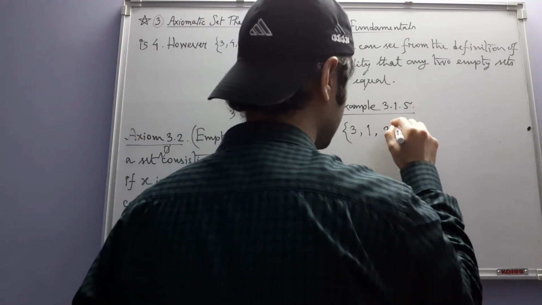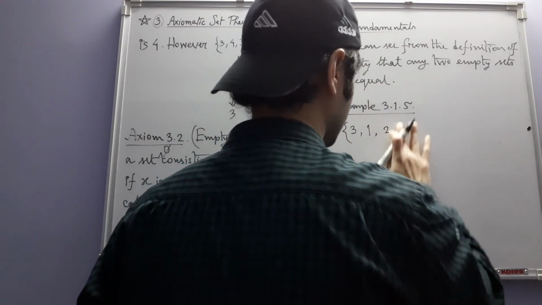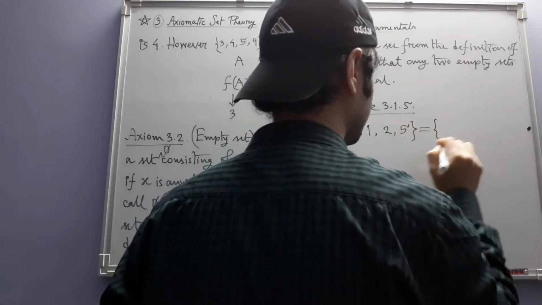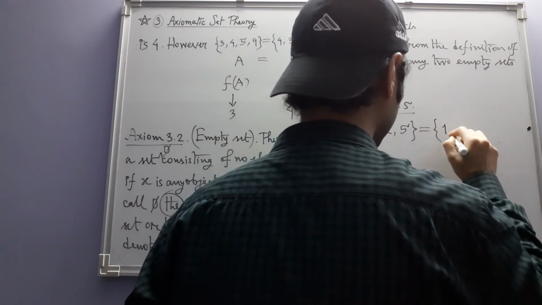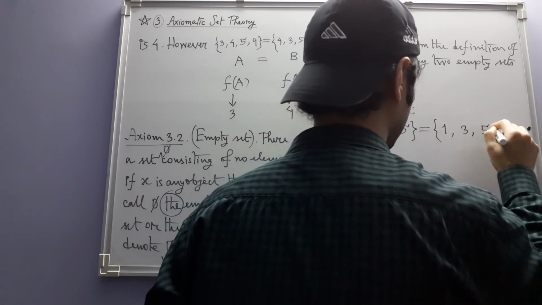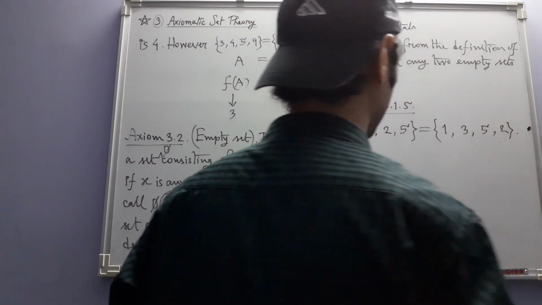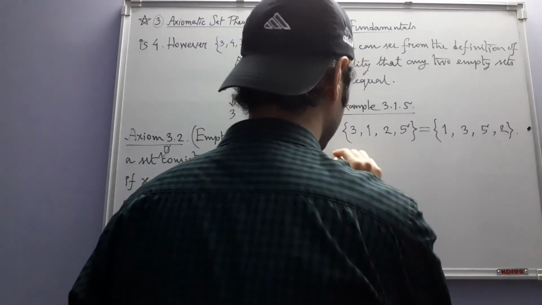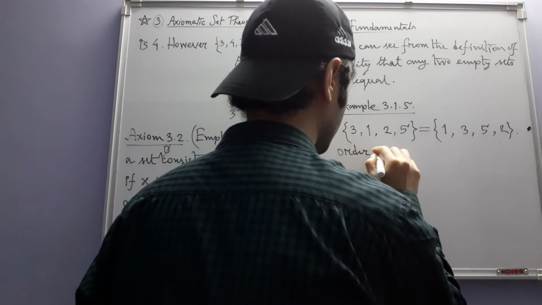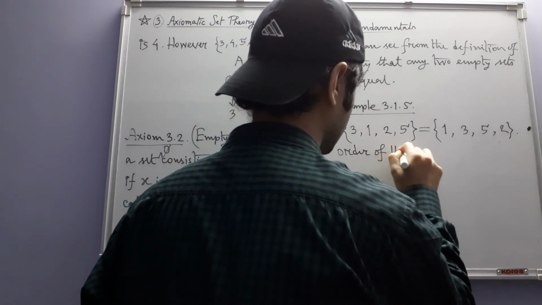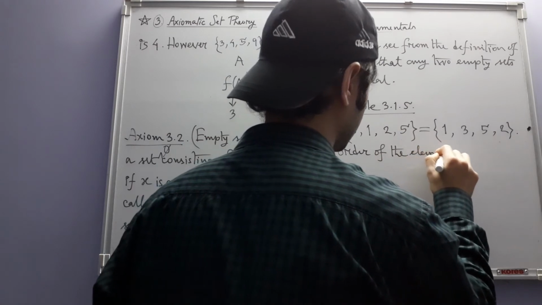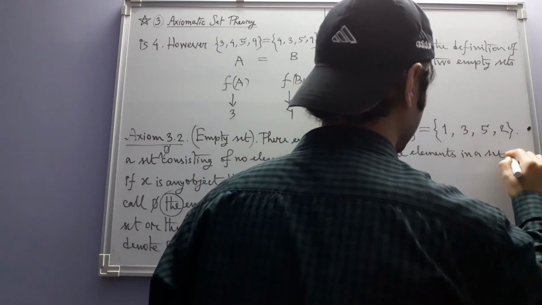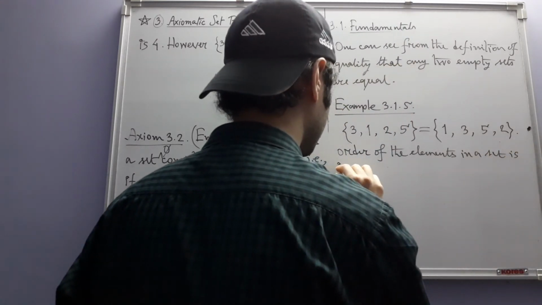We can write this set, or I can include one more element also, like this: 1, 3, 5, 2. Then they are equal by the definition of equality of sets. So the order of the elements in a set is irrelevant.